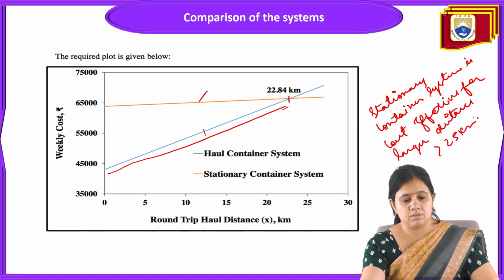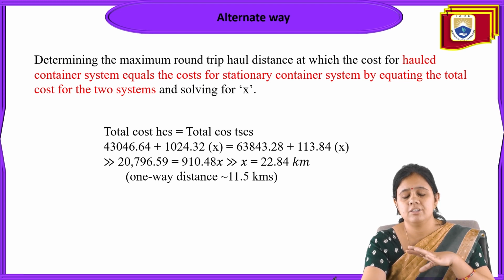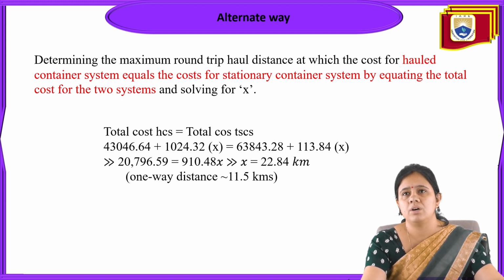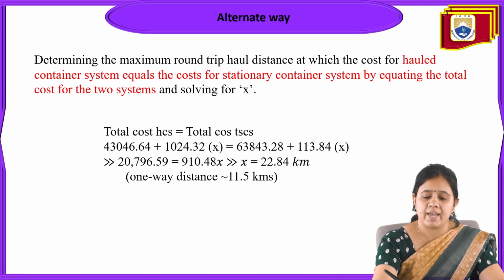Now we come to an alternate way, a different view: determining the maximum round trip haul distance at which the cost of the haul container system equals the cost of a stationary container system, by equating the total cost of the two systems and solving for x.